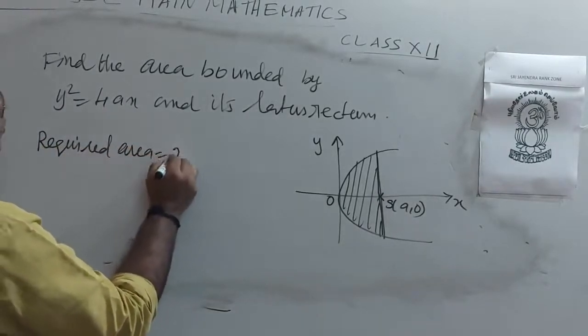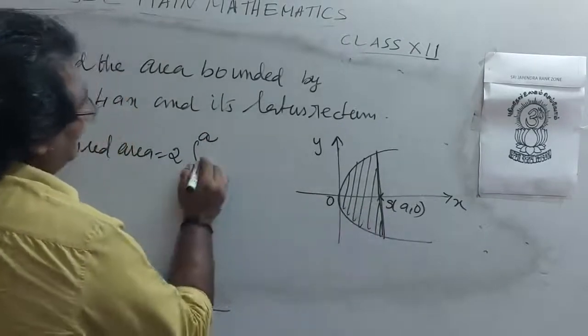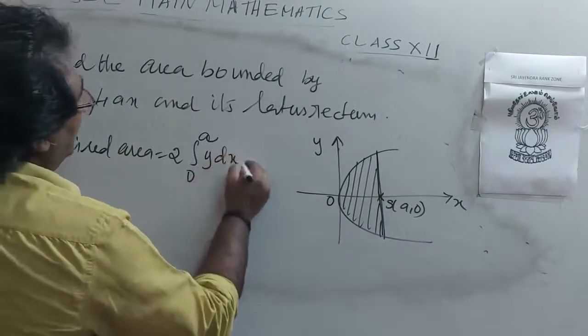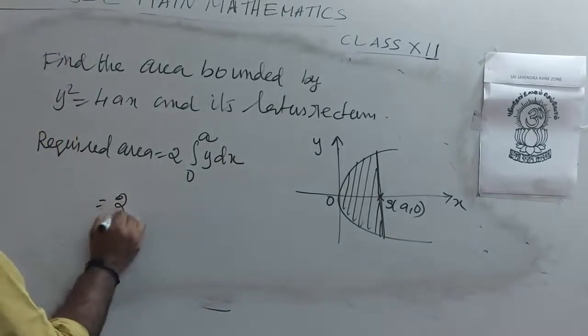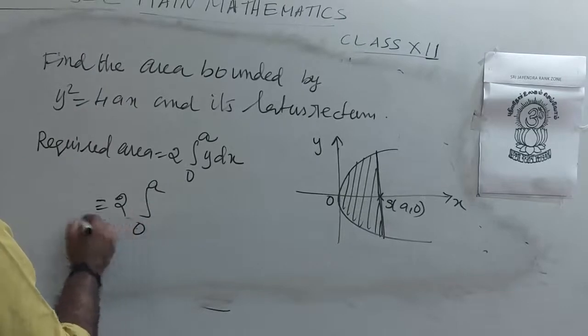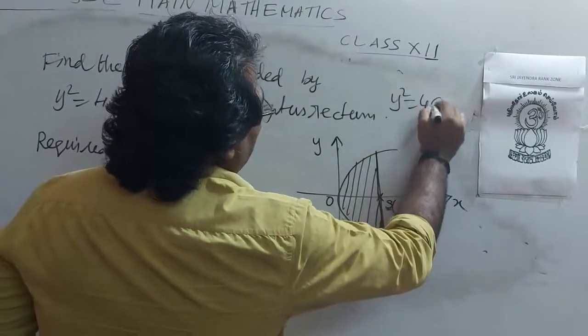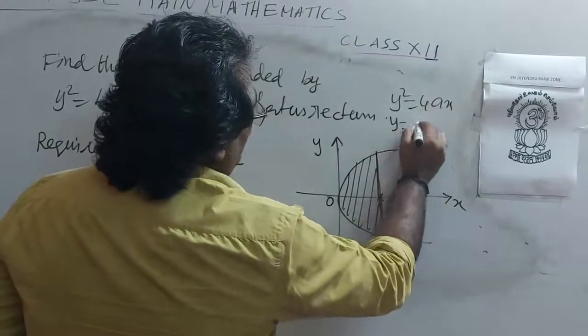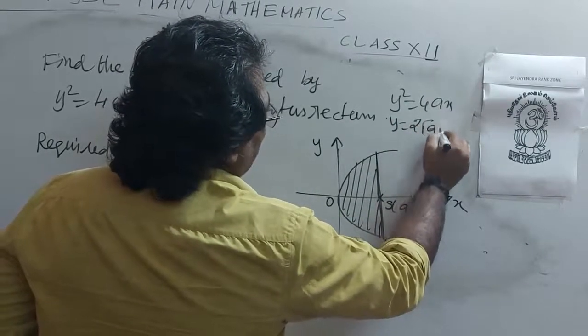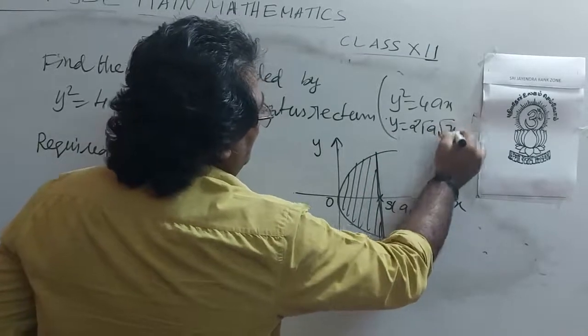Required area equal to 2 times integral 0 to a y dx. Since y squared equal to 4ax, y equal to 2 root a into root x.